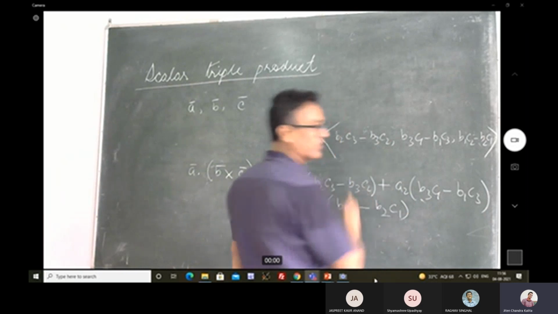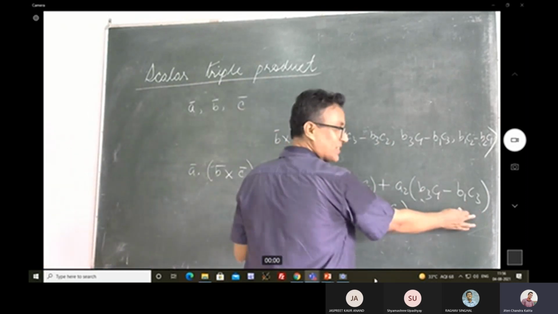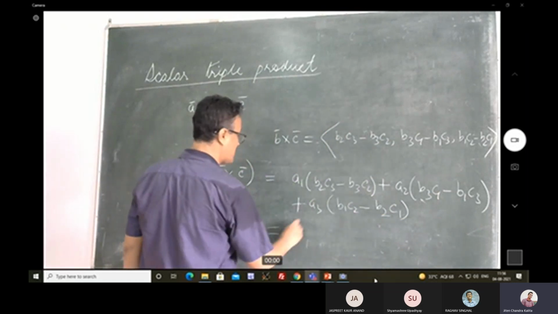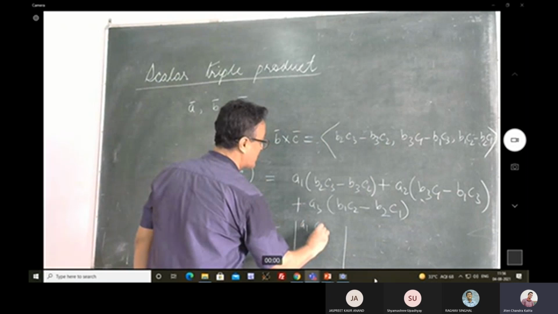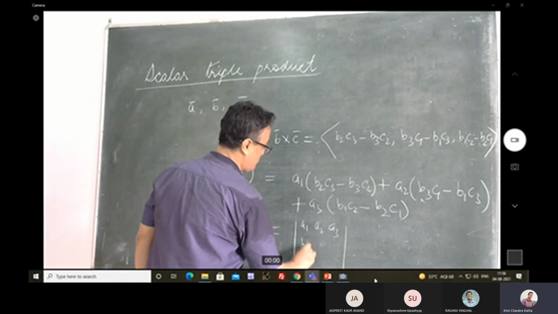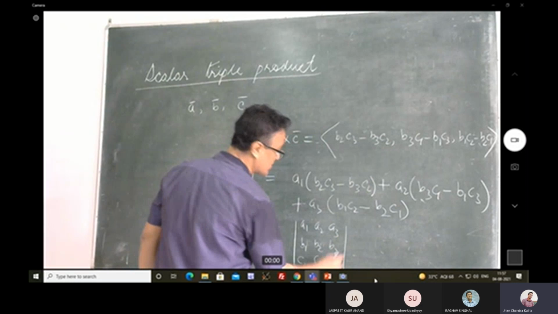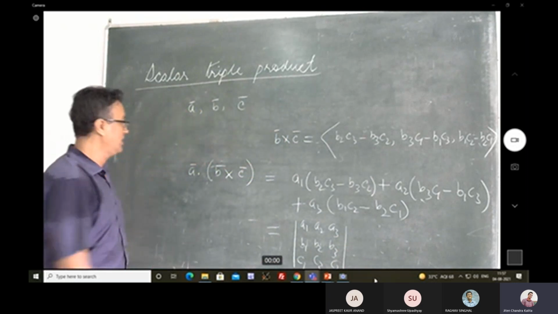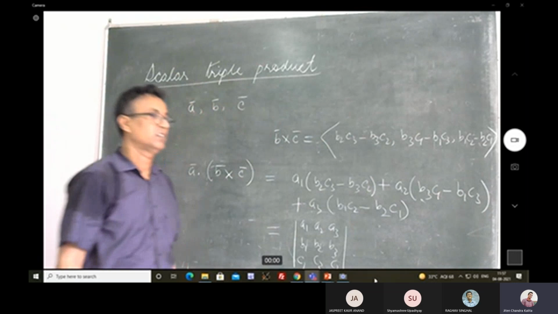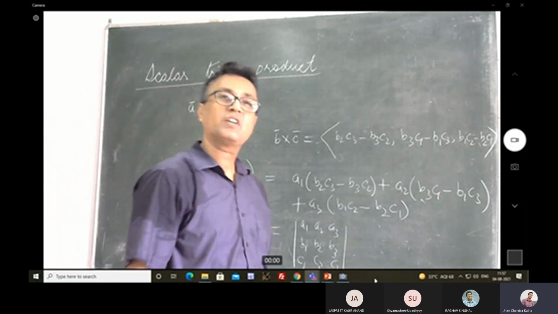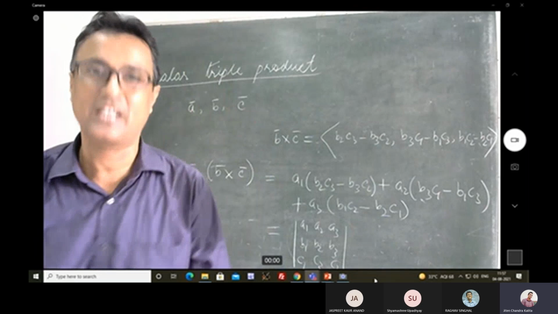Now, if you look at this, what is this? This is nothing but the determinant of A1, A2, A3, B1, B2, B3, and C1, C2, C3. The entries are real numbers, so the determinant gives you a real number, which is a scalar.